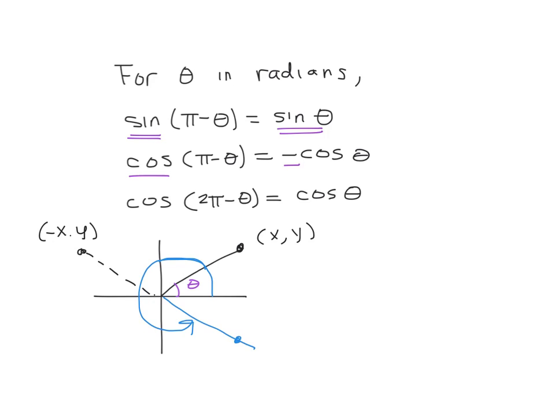You could also look at it as another negative theta angle. In this case, the x values will remain the same and the y values will now be negative. So the third one comes from 2 pi minus theta, the x-coordinates remain the same. If we had the sine of 2 pi minus theta, this will become negative sine of theta.